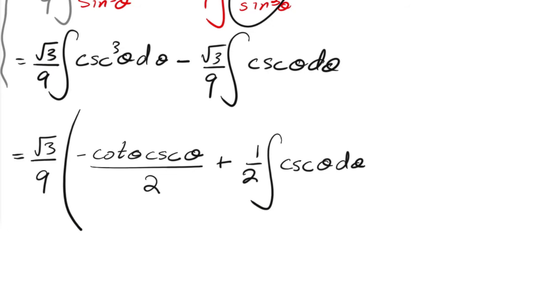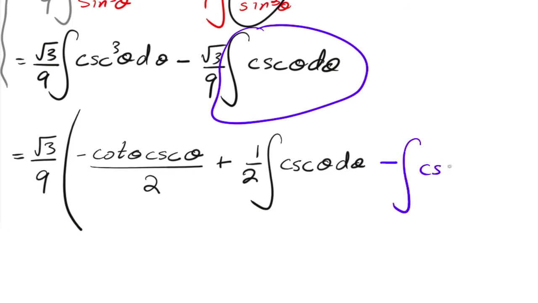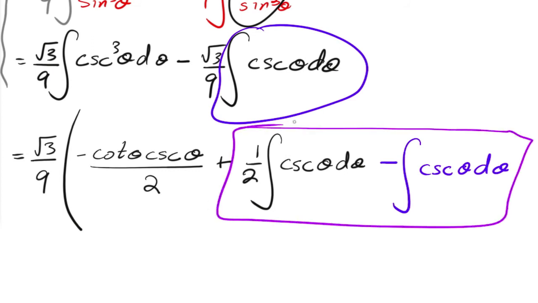Okay, and then minus, let's just factor out the root 3 over 9, and I'm just going to do minus the integral of cosecant theta d theta. Now there's a reason why I didn't evaluate this one, even though I could. Notice that these two are the same integral, right? So if you combine these two together, this is simply negative 1/2 times the integral of cosecant theta d theta.